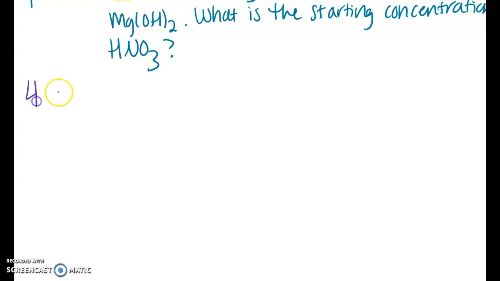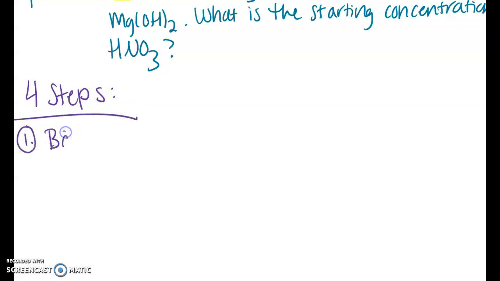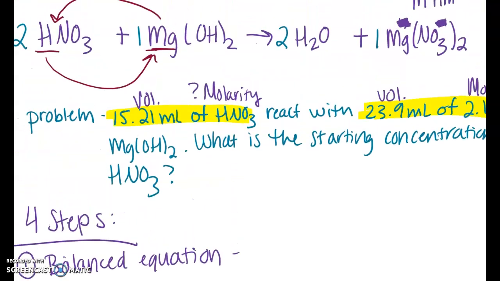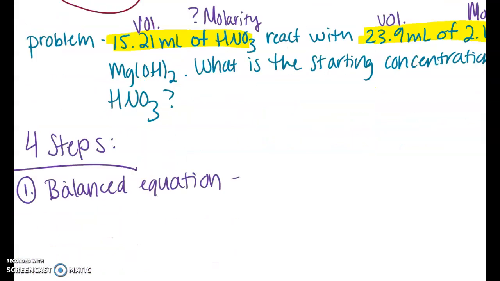So there are 4 steps that we can perform to solve for the concentration of the acid. Our 4 steps are as follows. The first step, we need a balanced equation. Well, I have that up above. I'll just rewrite it down here. So I have 2 nitric acids reacting with 1 magnesium hydroxide.